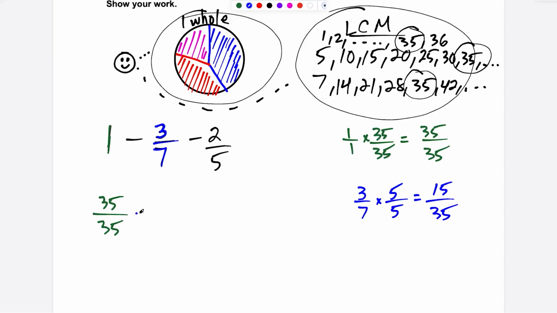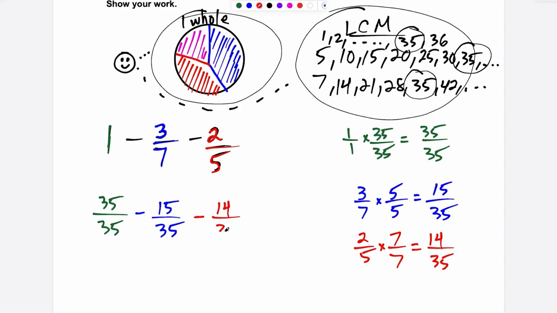So now we have minus 15 over 35. And now for the last fraction, the 2/5, I need to turn it into a fraction with a denominator of 35. So on the side, I'll do 2/5 and multiply by 7 over 7. 2 times 7 is 14. 5 times 7 on the bottom is 35. So we're subtracting 14 over 35.